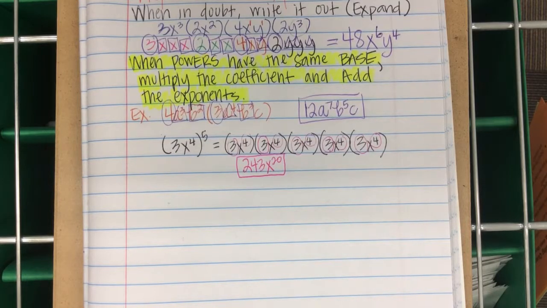But I don't have to go through all of that work. I don't have to expand it. When in doubt, write it out and then use a rule.